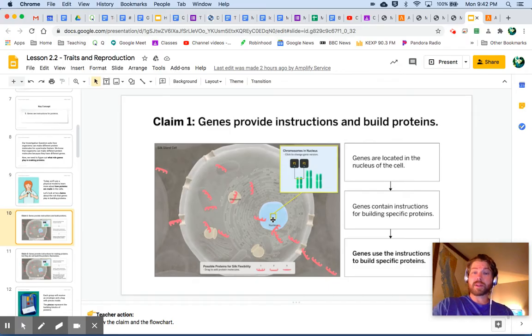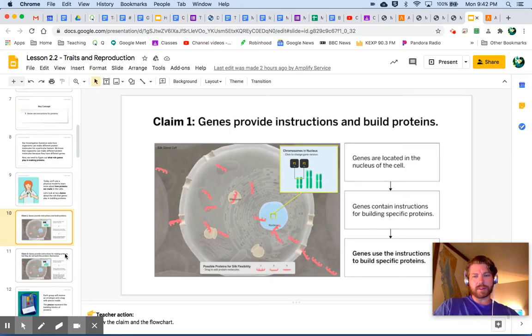The nucleus is where we find all the genes. That's where all of the blueprints are located. Genes contain instructions for building specific proteins. Fantastic. So they contain these instructions, and here's the claim, genes use the instructions to build specific proteins. Genes provide instructions and build proteins.